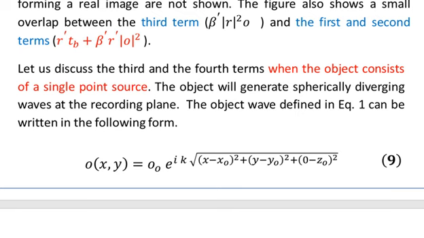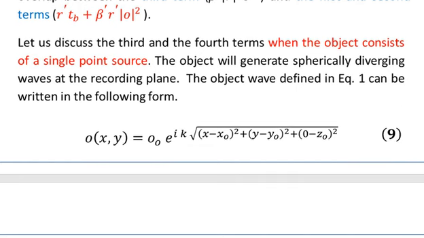We have the object equal to O naught, that is the amplitude of the object, or you can say that O naught is the mod value of the object O, and then we have the phase term which is e to the power iota k, multiplied by the square root of x minus x naught whole square plus y minus y naught whole square plus z plus 0 minus z naught whole square. So this is equation number 9, and we have written the object for a single point source.